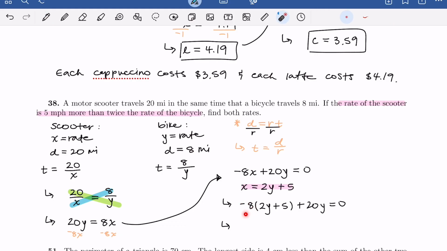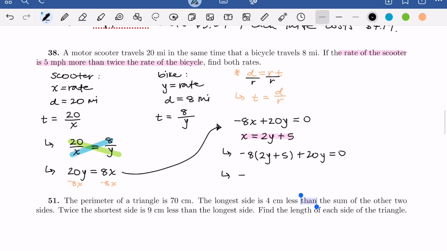The first thing we're going to do is distribute this negative 8 to both terms in our parentheses. This is going to give us negative 16y, and then negative 8 times 5, so a negative 40, plus 20y is equal to 0. So we have some like terms here: this minus 16y and this 20y, so we'll combine those.